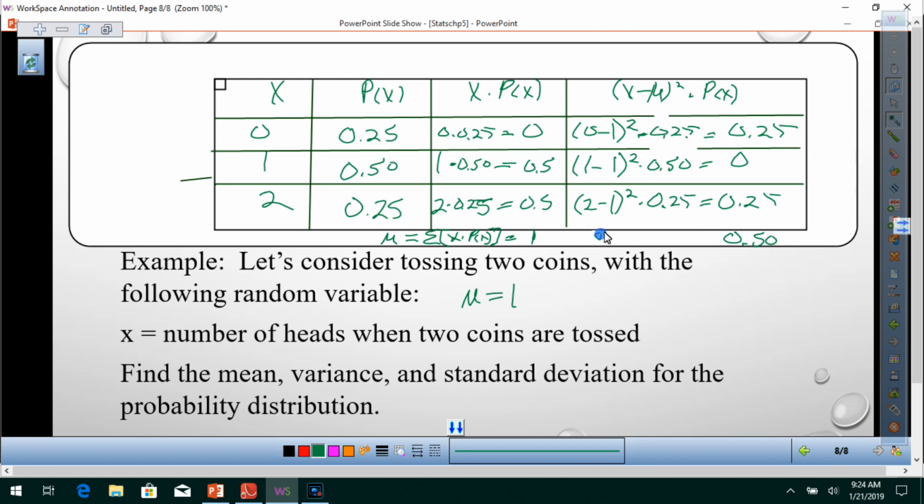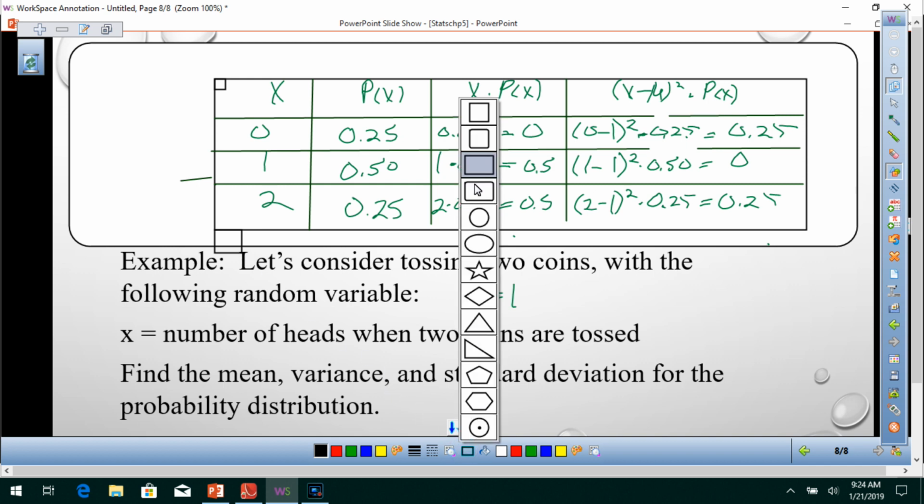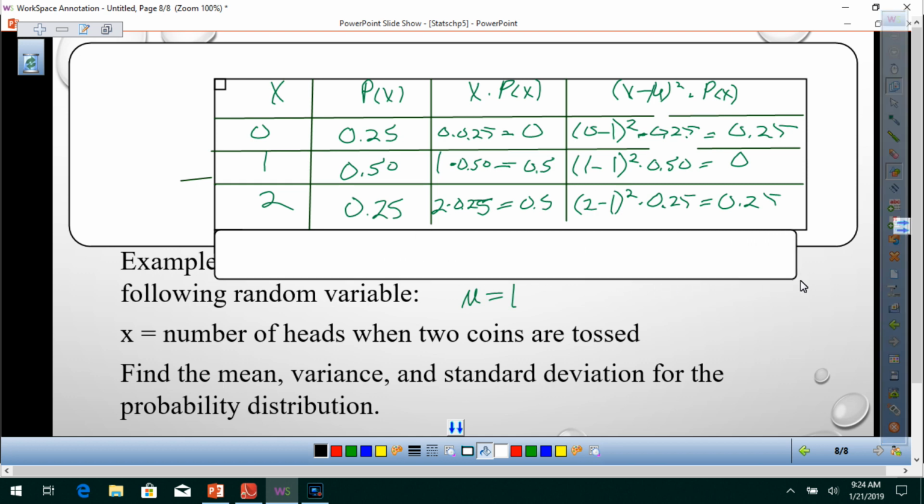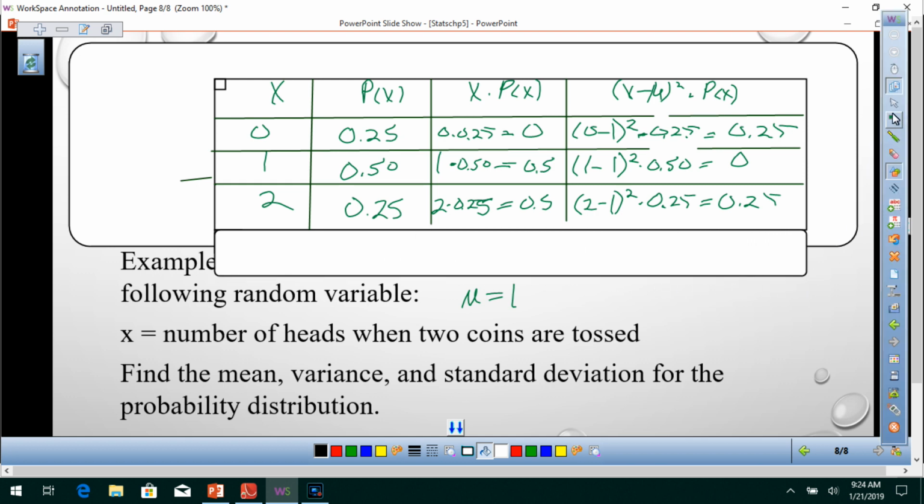And this is sigma squared, which is the sum of x minus mu squared. I don't have enough room there. Let me make it where you can see this. Let's get the white out version. There we go. All right.